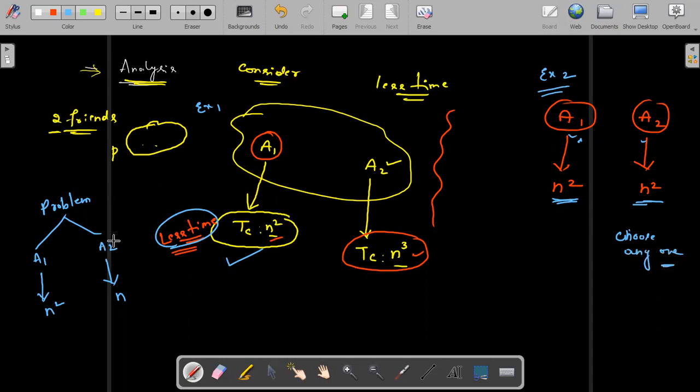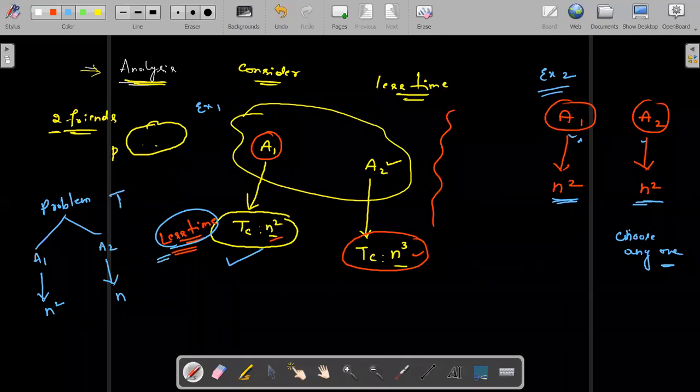Now, in these algorithms, there are two algorithms, but what we have to see is always the time only. Here it is giving n square, here it is giving n. Which one will you select? Basically, you select the one that gives less time to execute the program.